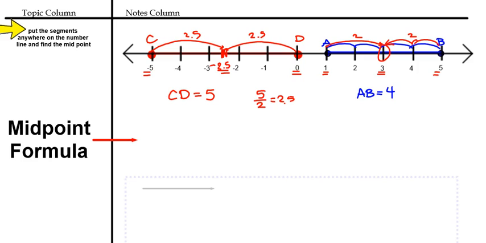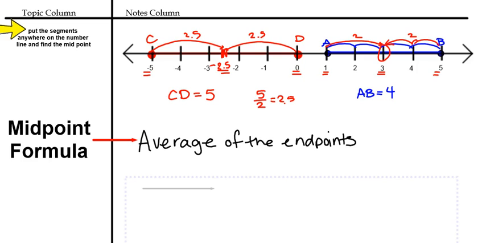And it turns out that the midpoint is actually just the average of the endpoints. And think about that. How do you find the average of something? Well, that's where you take the 2 numbers and you add them together, and then you divide by how many numbers you have.